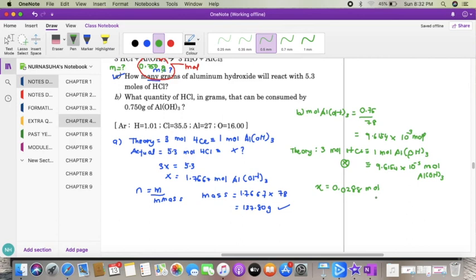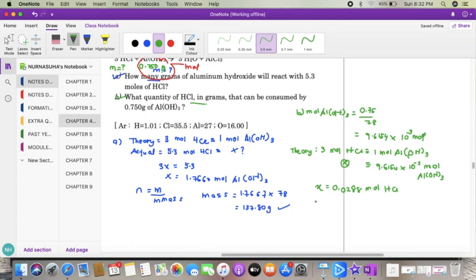Okay, so this is your mol for HCl. Okay, now tak habis lagi. The question wants you to find out the quantity of HCl in gram.